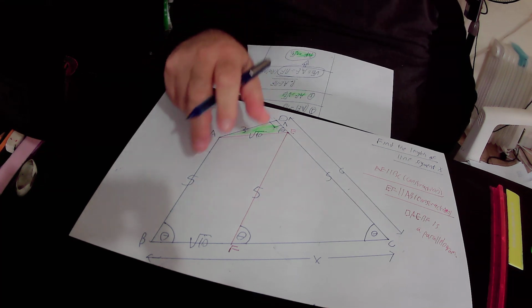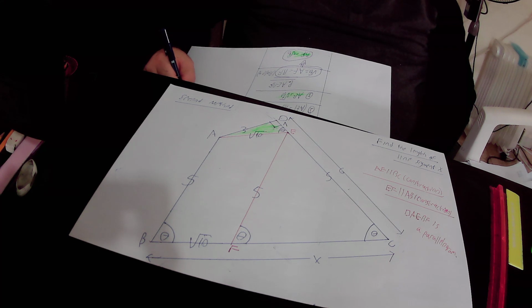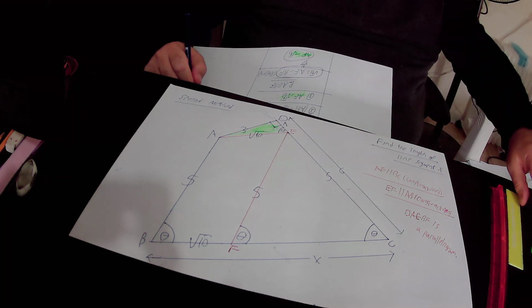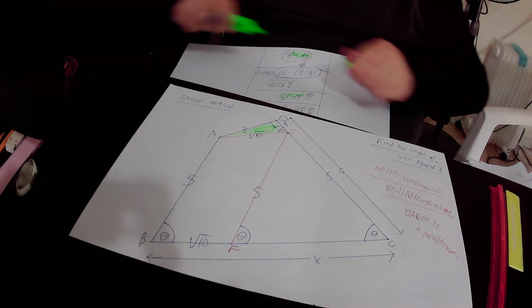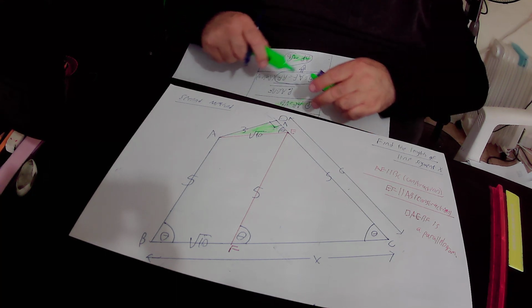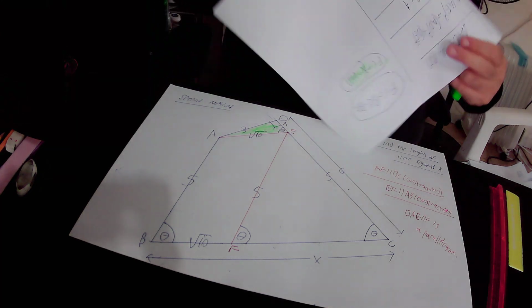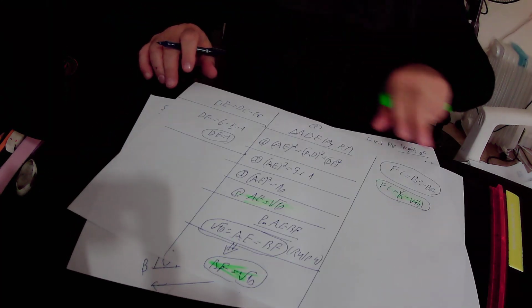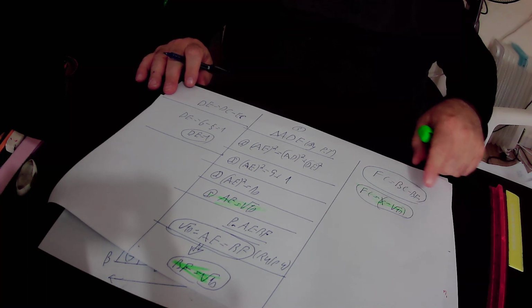We just now found out that BF equals the square root of 10 units. So, actually we found out that FC equals X minus the square root of 10 units.